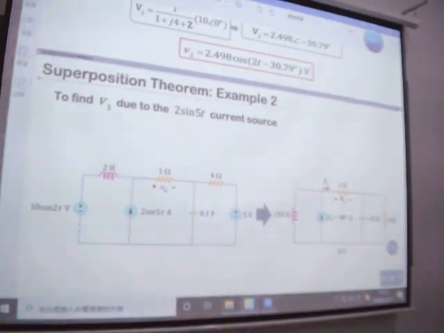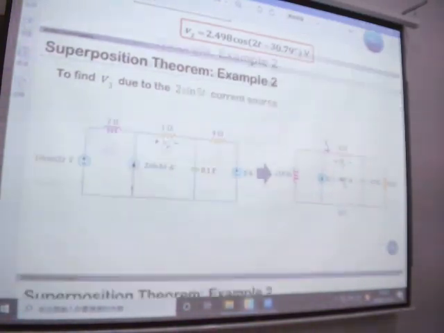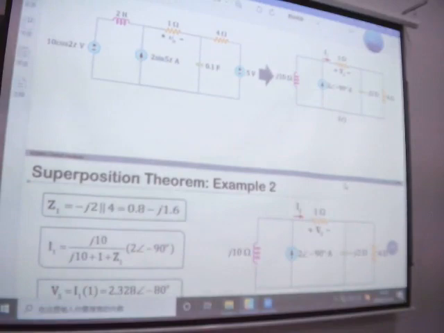So we're trying to solve this one. Well, there is a 2 sin 5t. They are transferred to 2 cos. Because this one is sine 5t, we need to transfer this to cosine. We need the minus 90 degrees. Okay, we need minus 90 degrees. If we transfer cosine to sine, we need plus 90 degrees.